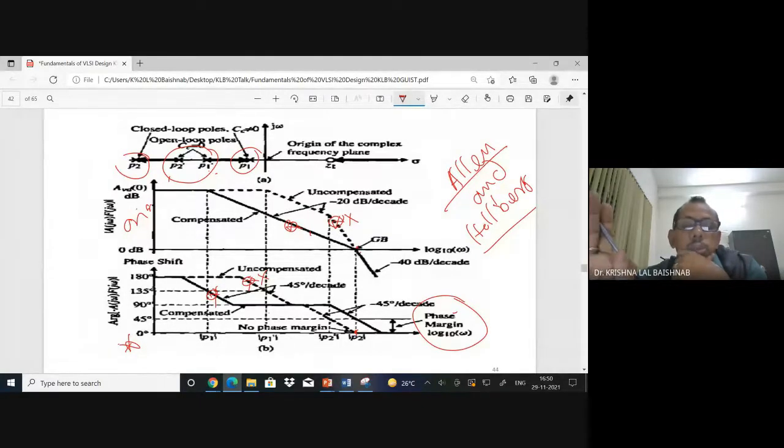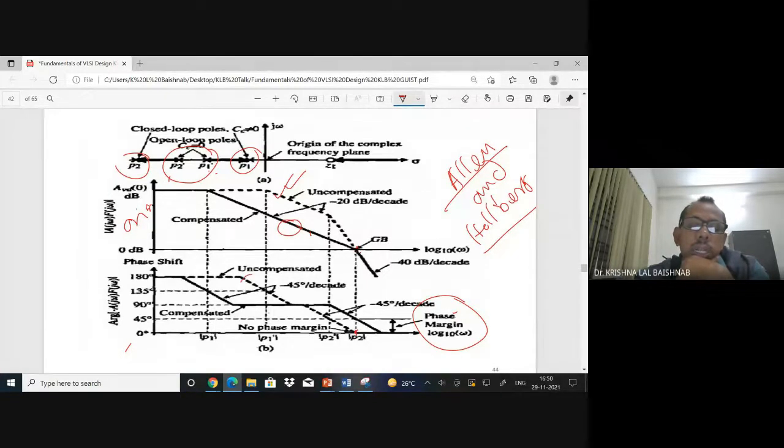Sorry, my terms are different, please. The original is the dotted one, and the deep one is what is called compensated.